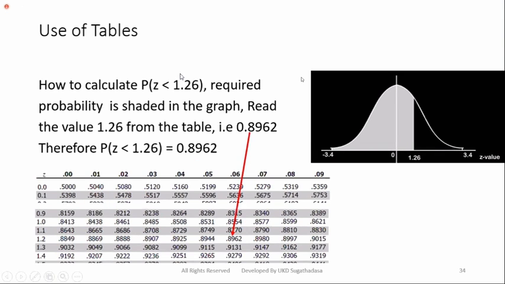How to read Z less than 1.26. Now this is the case where you have to use the other column as well. 1.2 has to be read from the first column, and for 1.26, the 0.06 part has to be read from this column. Remember, these are globally used, very popular tables.